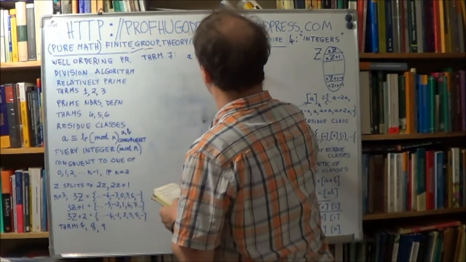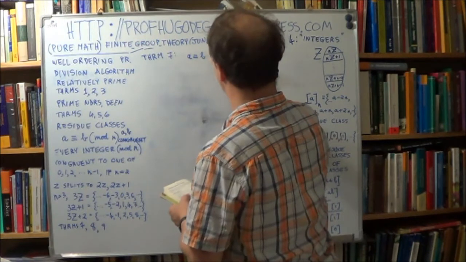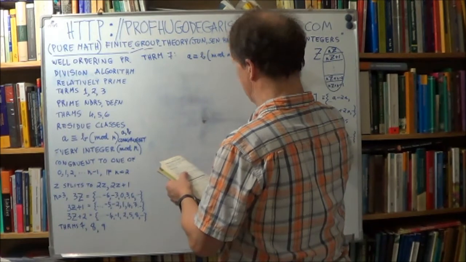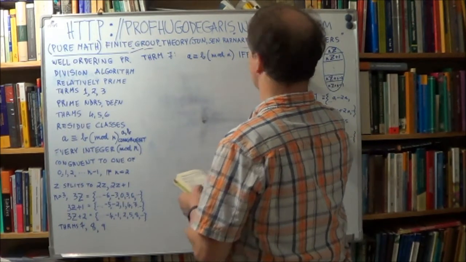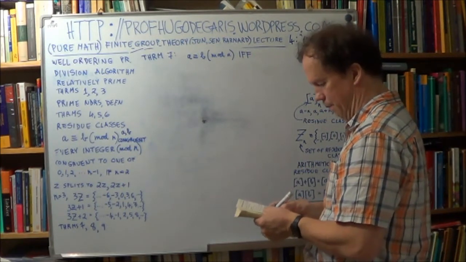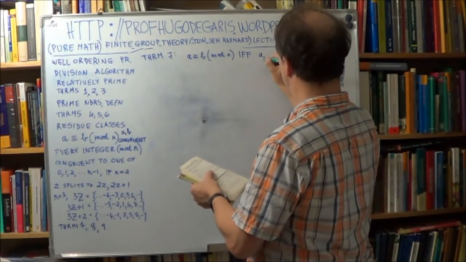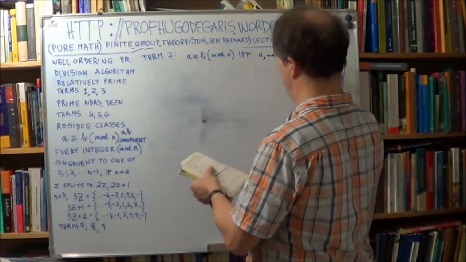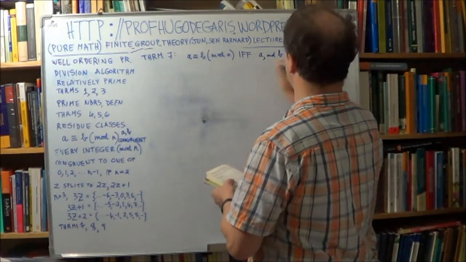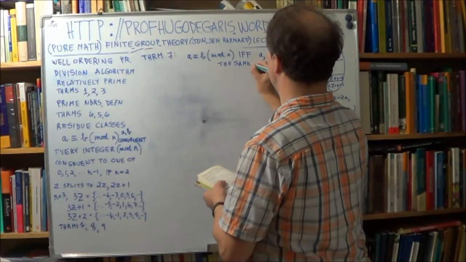So A is congruent to B mod n if and only if, so again, we have to do a two-part proof both ways, if and only if A and B have the same remainder or residue.